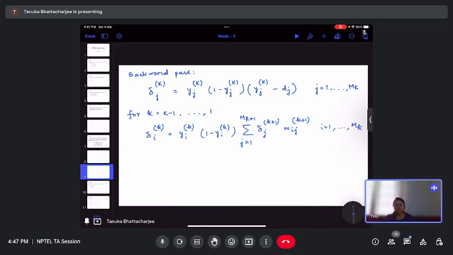This will be your errors back propagated at each of the layers. Now, with this back propagated error, you need to update your weights.